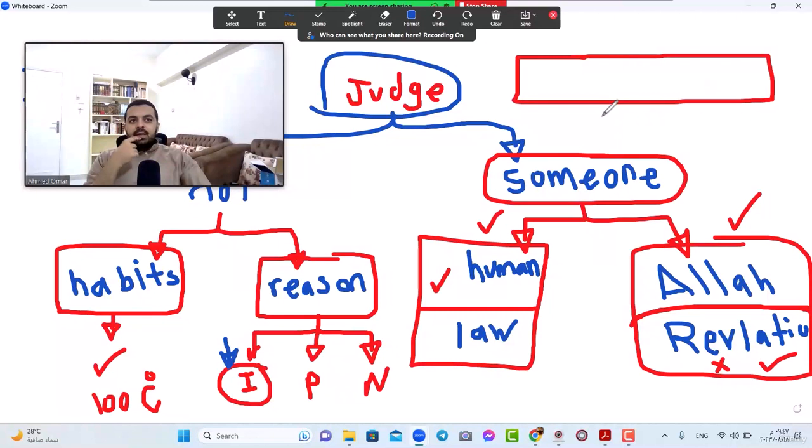And if I said, for example, water boils at 100 degrees, is it impossible? Of course not. It is boiling at 100 degrees. Is it necessary? How could we tell whether this is necessary or not?